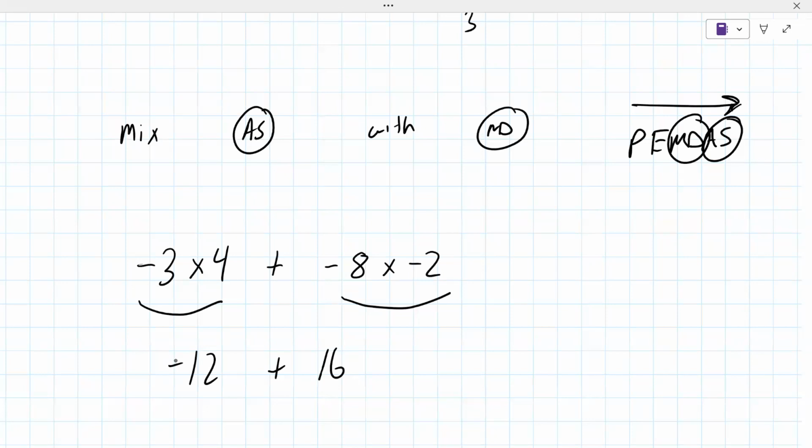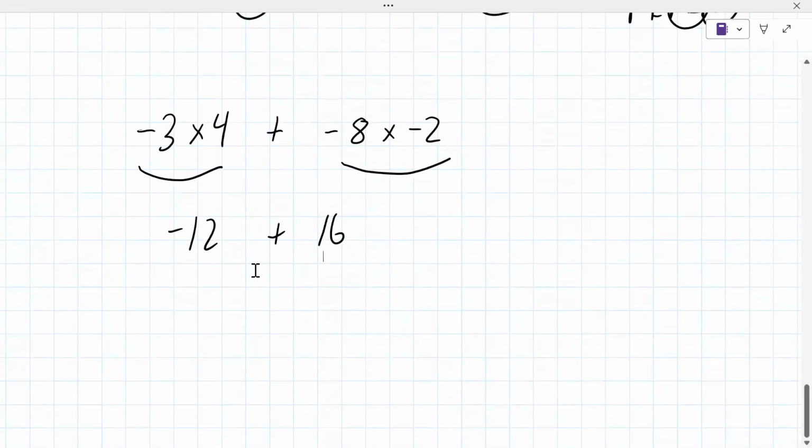You're adding. You've got one positive and one negative. What is the rule for that? They're opposite in signs. Since they're opposite in signs, you have to subtract them to get your answer. So subtract 12 from 16. But first determine the sign of the answer.